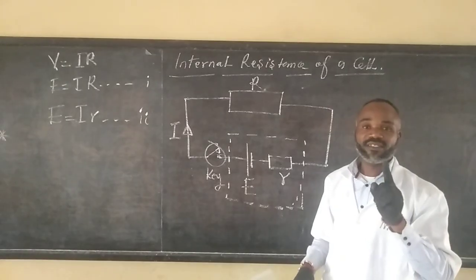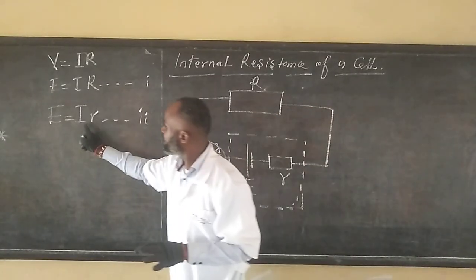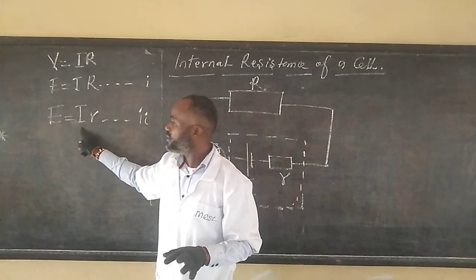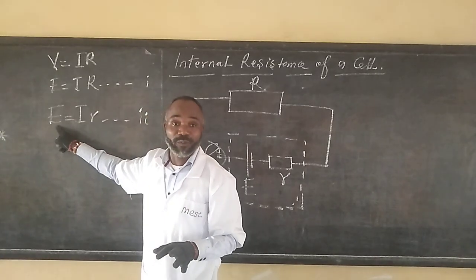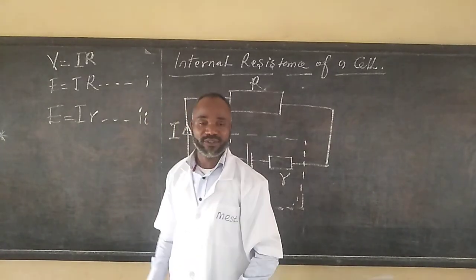The next thing is this. Two quantities are common. I is common. The EMF, or the potential difference, is common. But the two resistances are not common.